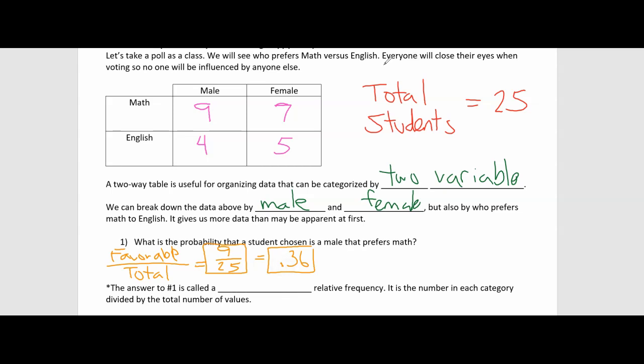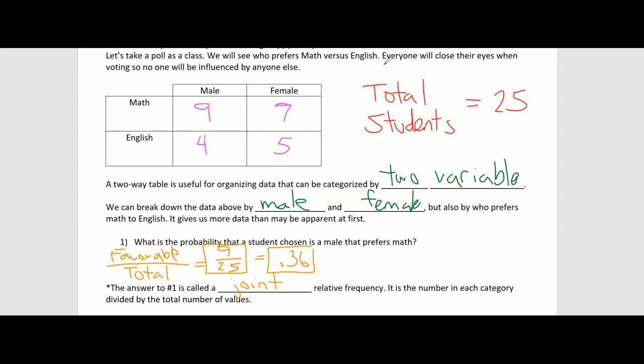Either one is okay. This is what we call a joint relative frequency. It is the number in each category divided by the total number of values. Our category here was males who prefer math, and we divided that by the total number of students. We're going to have 3 different frequencies that we look at. The first one is joint.